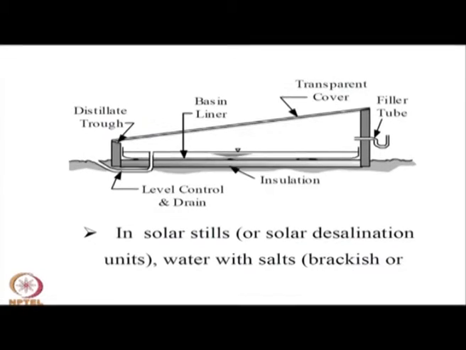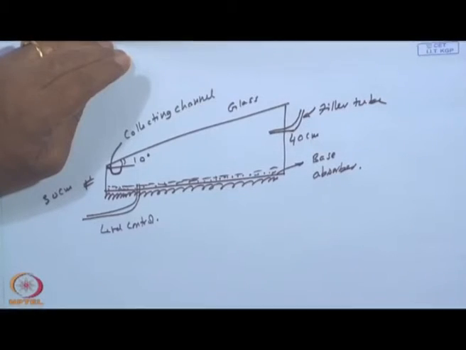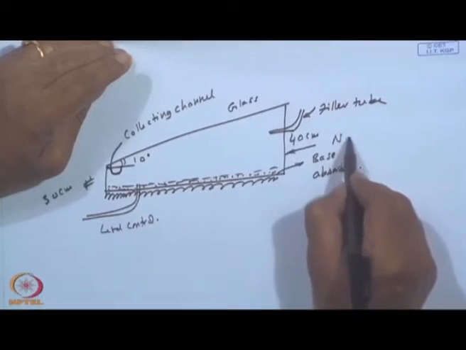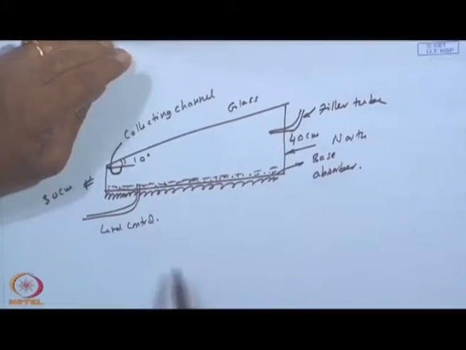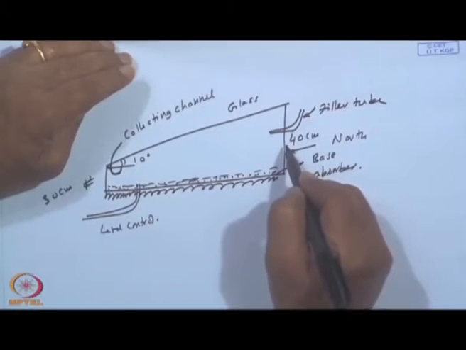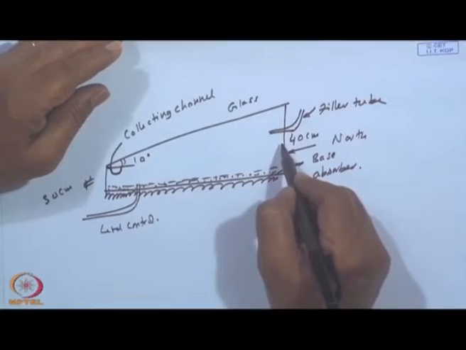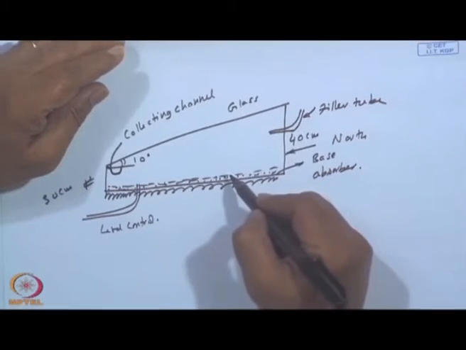So, this brackish water or water with salts, you can see in the picture. As I have already described, there is a filler tube and a top glass, and every side, east, west, north, south, is transparent. Regarding the north side, there are different arguments. It can be transparent; some people argue let the diffuse radiation come through, and hence a little more radiation.